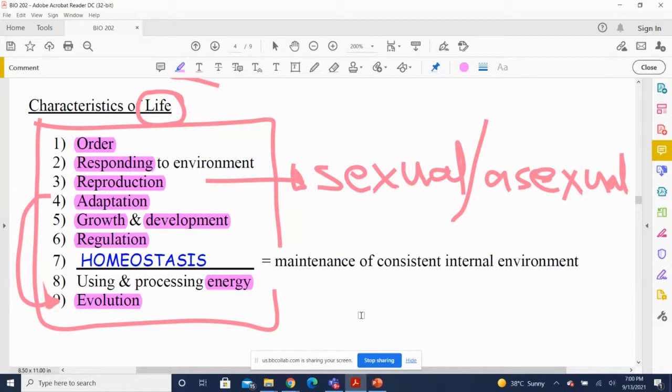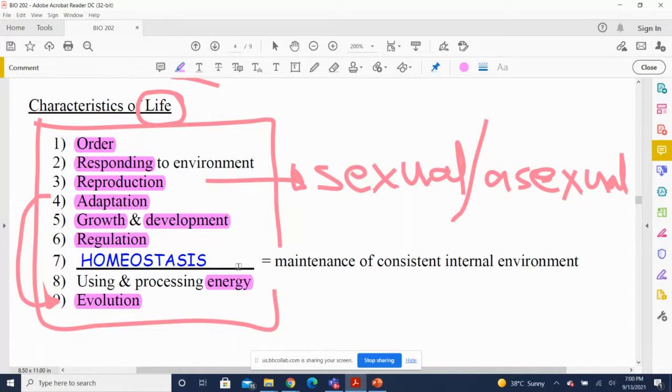We are able to make use of that chemical energy. We can store it or use it immediately. We can also use it later on if we need to do many different processes that we have just talked about. So being able to use and process energy is an essential characteristic of life.